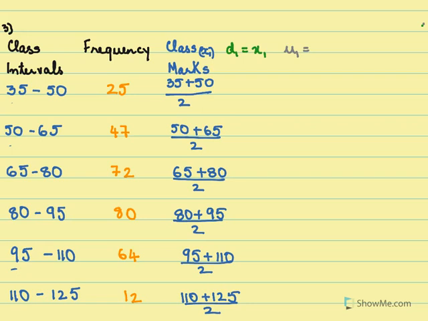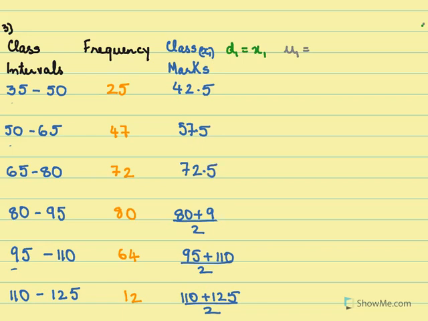So in the first, when we do 35 plus 50 divide by 2, we get 42.5. The next class mark, when we do 50 plus 65 divide by 2, we get 57.5. Next class mark, 65 plus 80 divide by 2, we get 72.5.